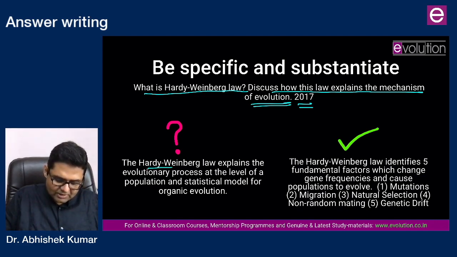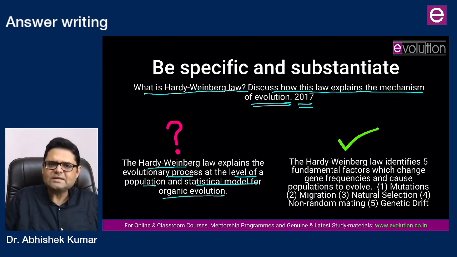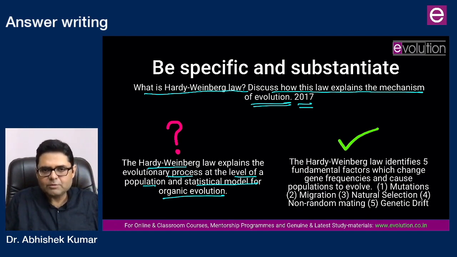The Hardy-Weinberg law explains the evolutionary process at the level of a population and a statistical model of organic evolution. That is a vague, non-specific way of writing about how the Hardy-Weinberg law helps us understand the evolutionary changes.